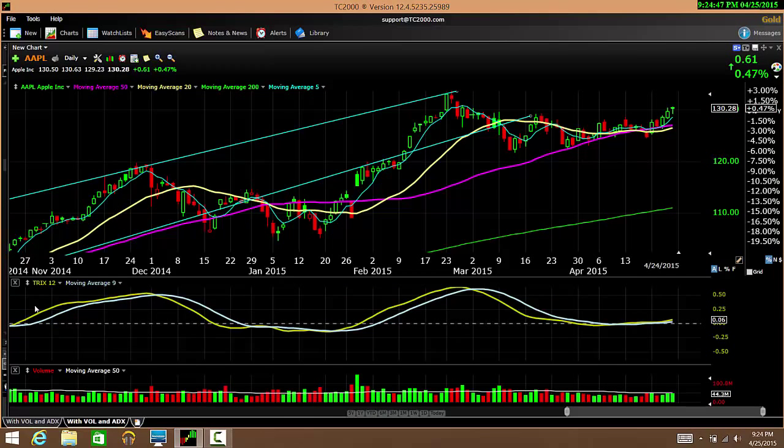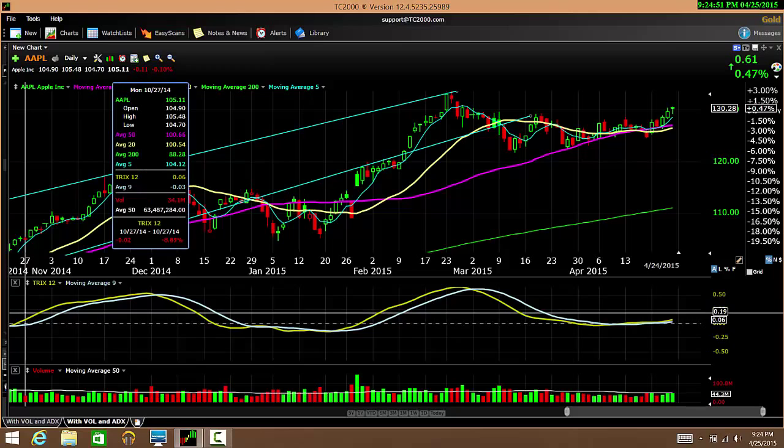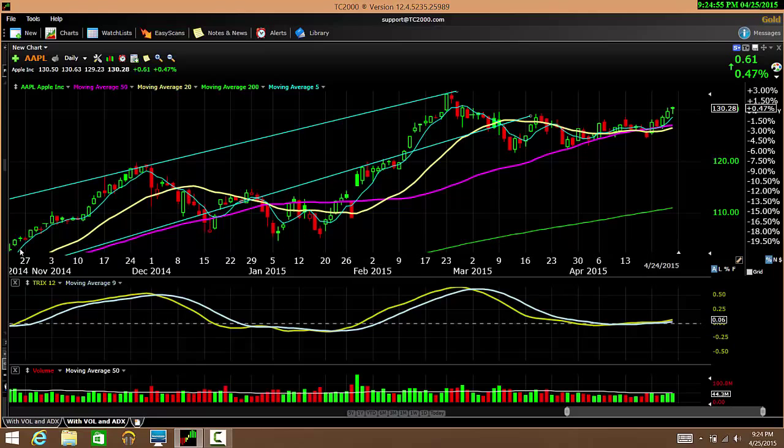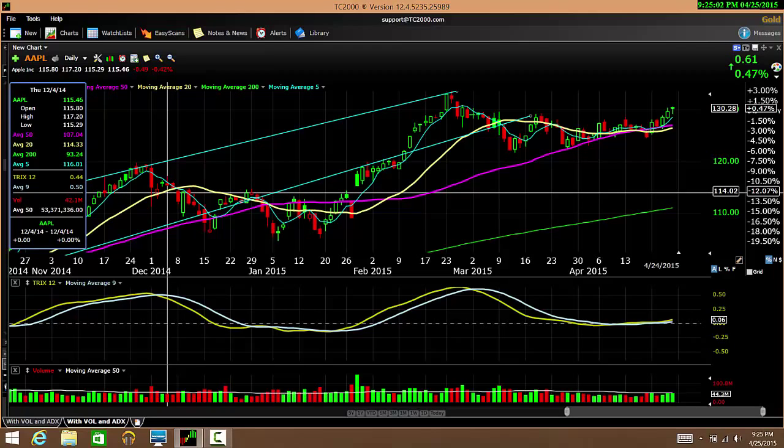Okay, and here's a chart of Apple. Gives you a buy signal here where it crosses above the zero line at around 104. Purchase the stock there and hold it until it breaks the 20-day moving average, which is this yellow line here, which is around 114. So that's a $10 move.